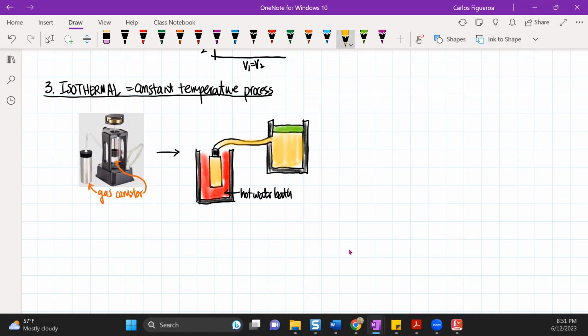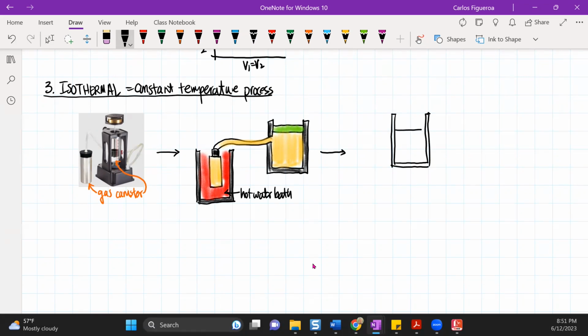Now note that this is challenging to draw and keep drawing like this, so we want to simplify the picture. So the way I'm going to represent this is that I'm now going to have my piston, as we've talked about before. Instead of drawing the canister and the hose, I'm going to delete them.